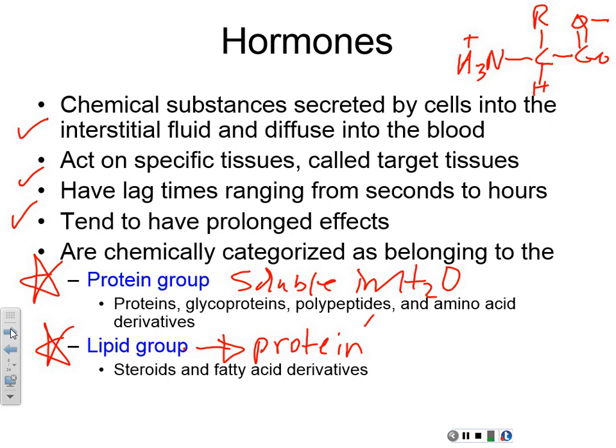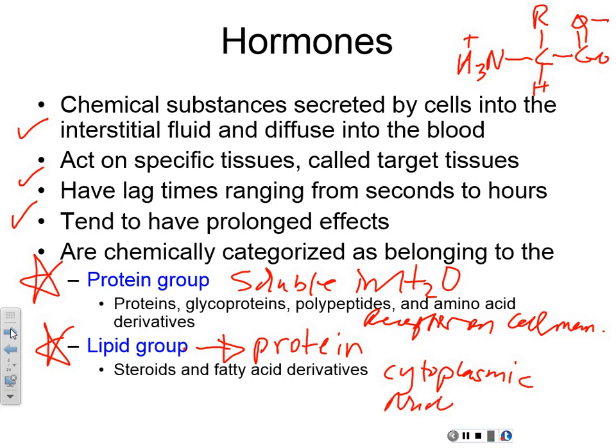So this is a receptor on the cell membrane, and this is a cytoplasmic or nuclear receptor. Sometimes it will go straight into the nucleus right there, and this is the one that causes protein synthesis.